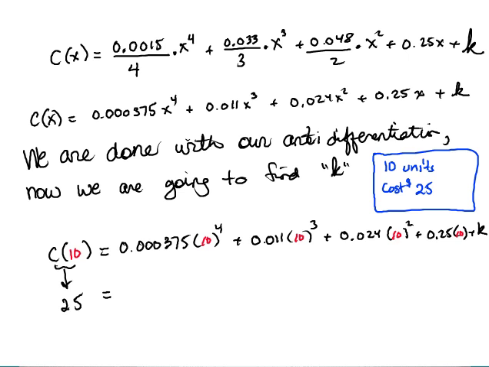So this is going to be 3.75 plus 11 plus 2.4 plus 2.5 plus K. You may, on your graphing calculator, choose to find all of this as one lump and then plus K. But multiplying with powers of 10 is just moving the decimal place. All right, so I should be able to do the rest of this mentally here.